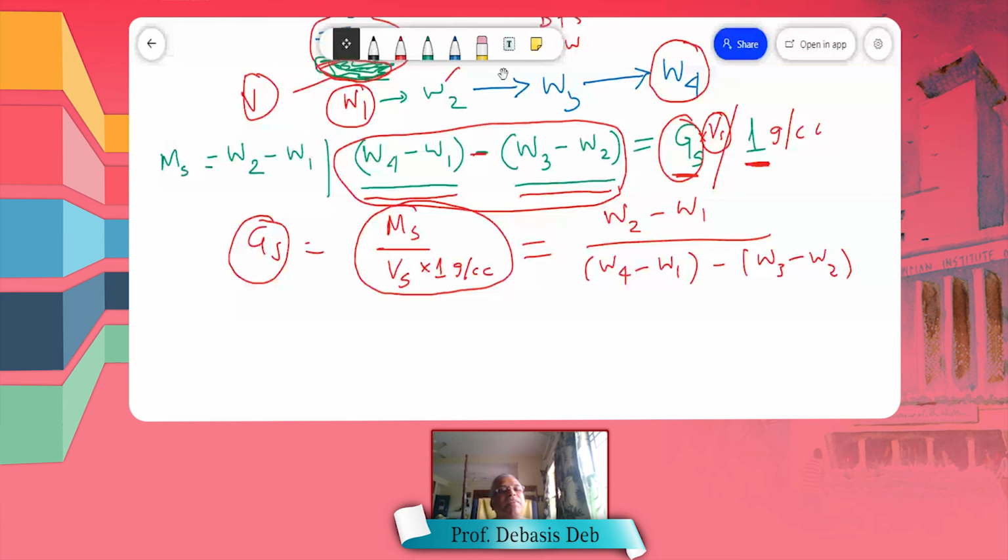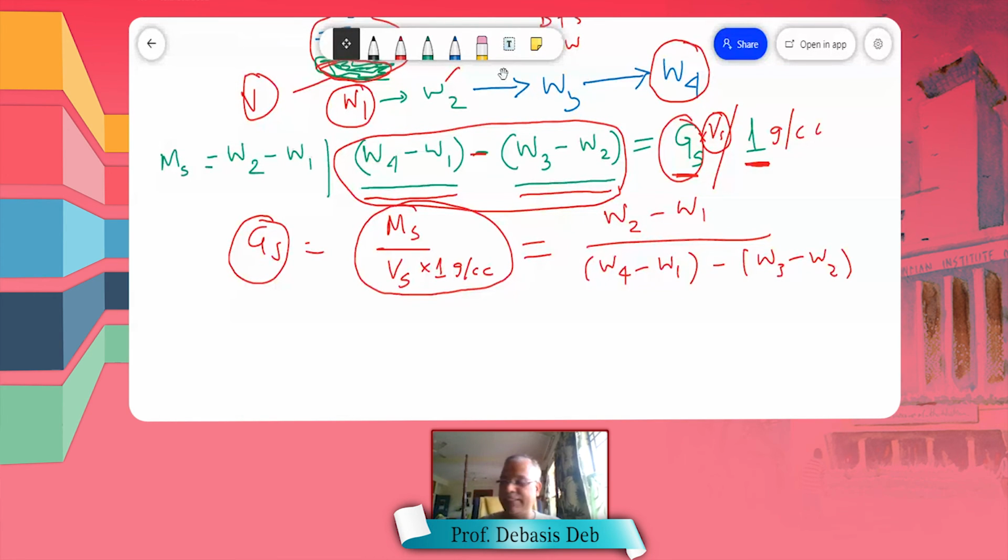Now here, again, you have to remember that in this case, I have not given you the porosity. By doing this, we are considering that the total void volume I will now be able to capture. So what will be porosity now?